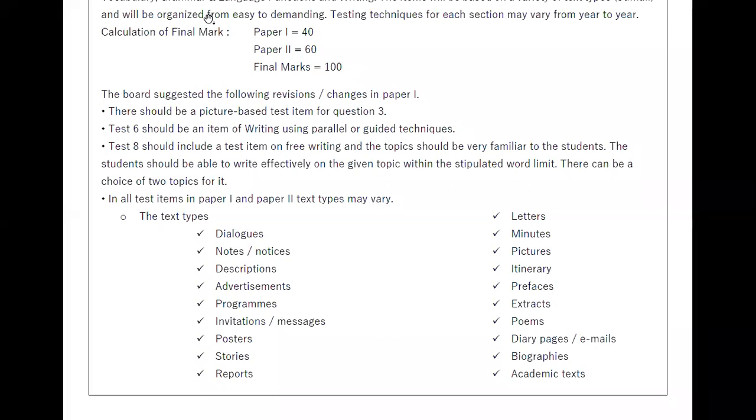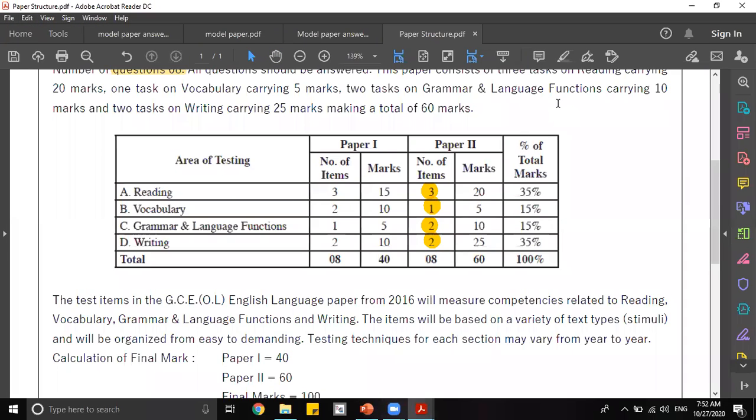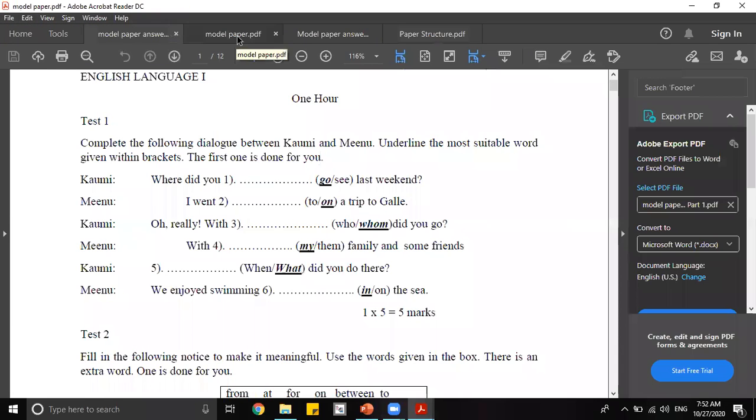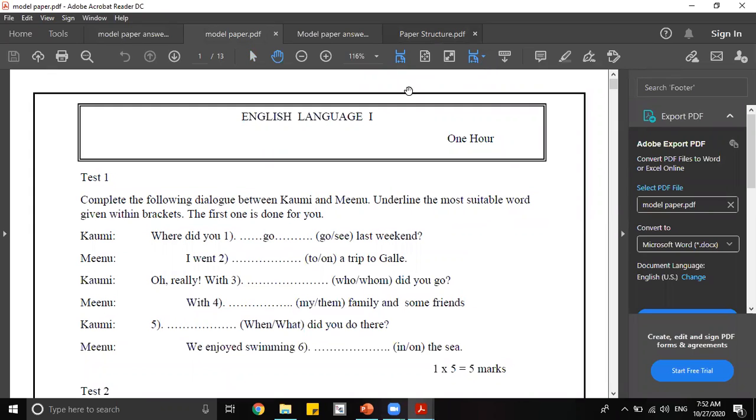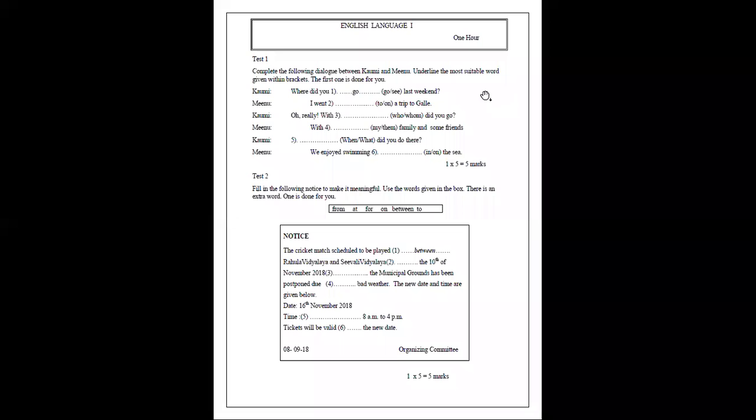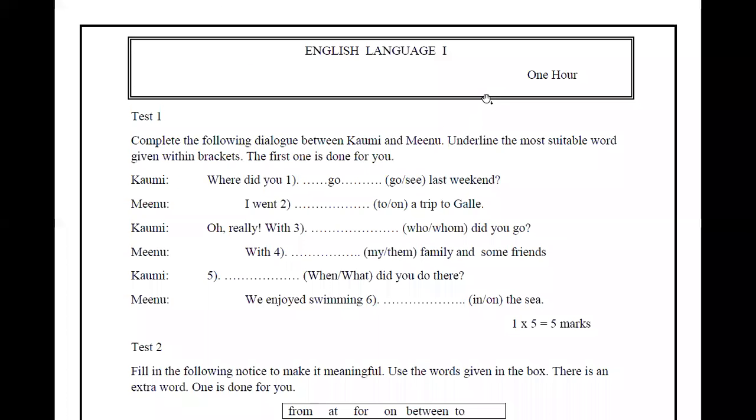So let's go to the paper now. In part one, the first paper, the first task is that we are given a few blanks, and some words in brackets, and they ask us to underline or select the most suitable word given in the brackets.